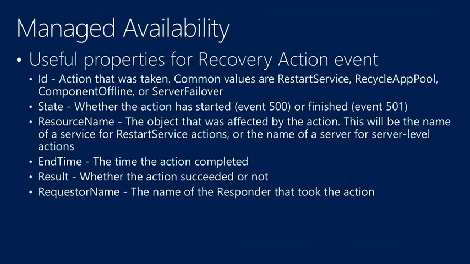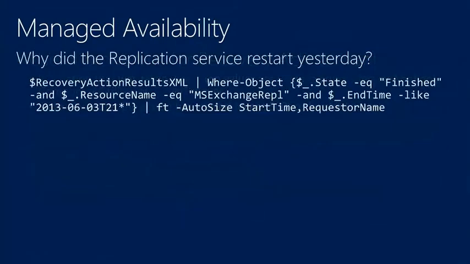That data is based on the recovery action events, and each one of those events is filled with information, like the server on which recovery is taking place, the name of the managed availability requester that requested the recovery action to take place, and all sorts of other information such as when this happened and where this happened and so forth.